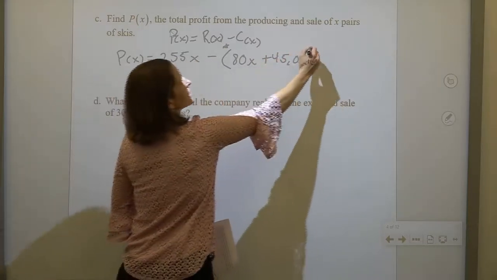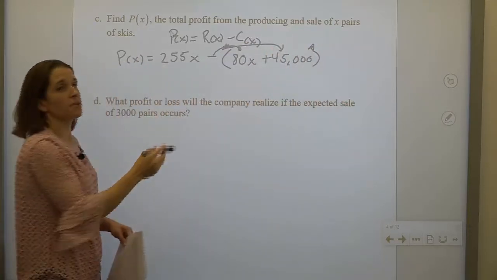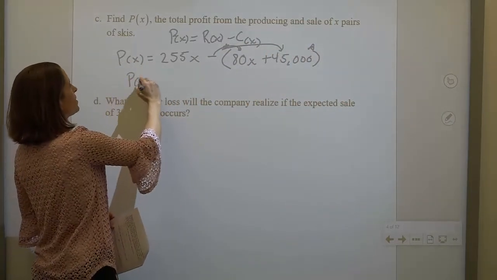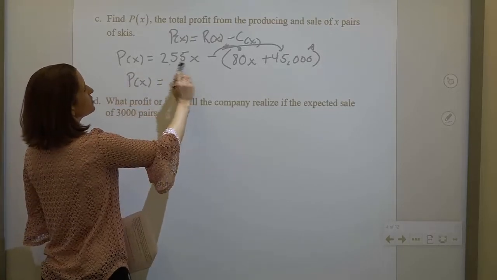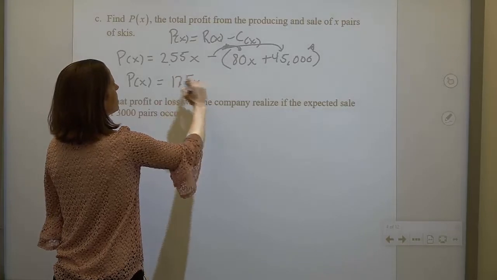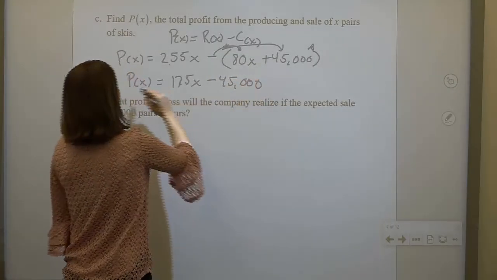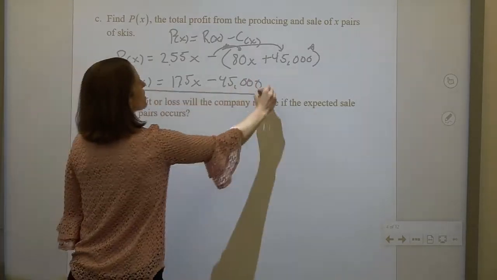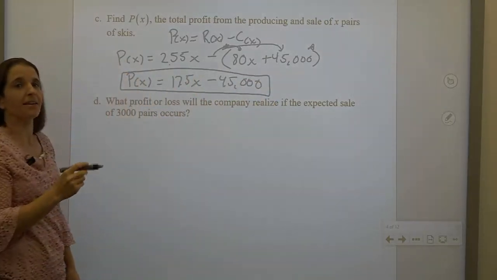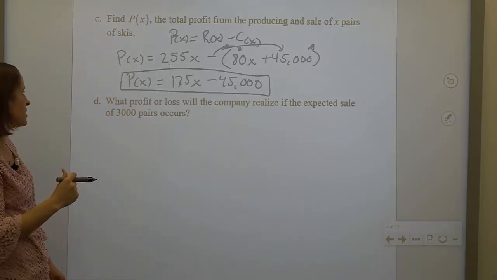So the parentheses are really important because it's going to mean that both of those actually get a negative. So we'll simplify this, and so it's actually 255x minus 80x, so that's 175x, and then minus 45,000. So notice that these questions were just asking you to write the function, not to plug anything in yet, and I ask you that too in problems to help you build up to where you need to be.